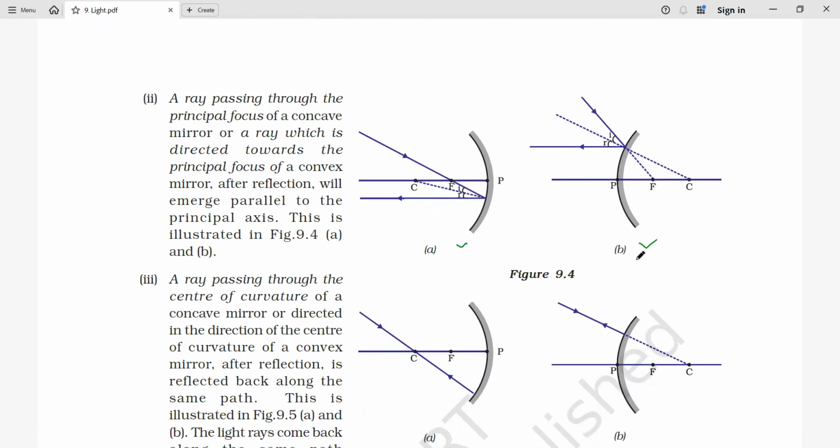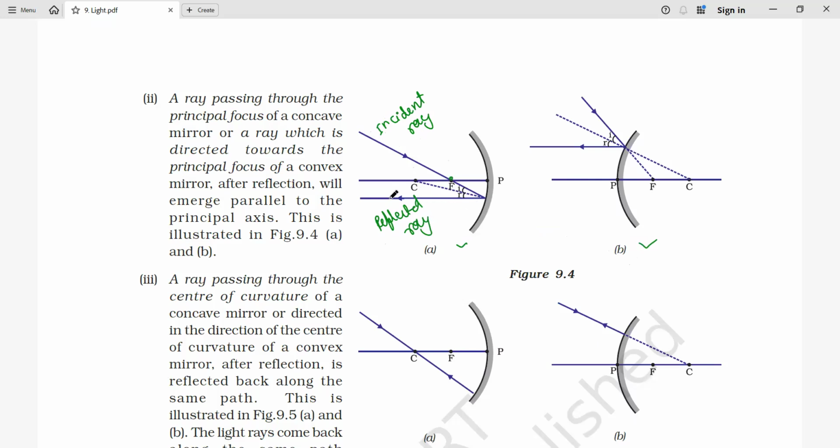Then after reflection, it is going to become parallel to the principal axis. So this is the incident ray, it passes through the focus, and after reflection it is parallel to the principal axis. This is the reflected ray.